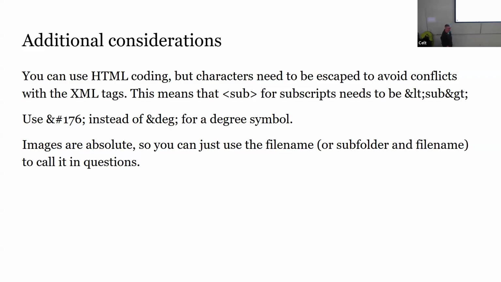I think we both deserve computer science degrees, because I do a lot of coding in HTML. Almost all of my questions are, and especially since we're doing chemistry, chemistry compounds need subscripts or superscripts or whatever. And so we learned quite a lot.